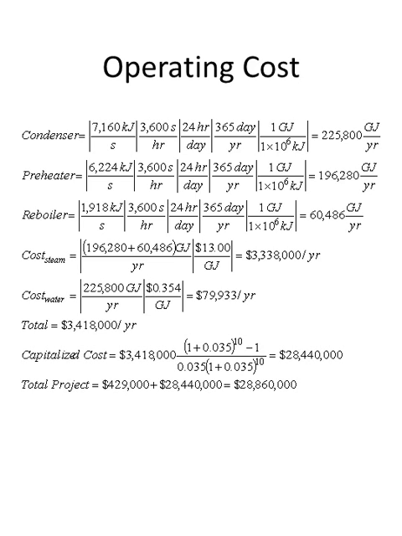And a formula was given to us in our handout for this project, where we would multiply the annual operating cost by a factor, which is a function of the number of years of operation, in this case 10, and the interest rate, which is 3.5%. And the capitalized cost of this plant is $28 million for utilities.